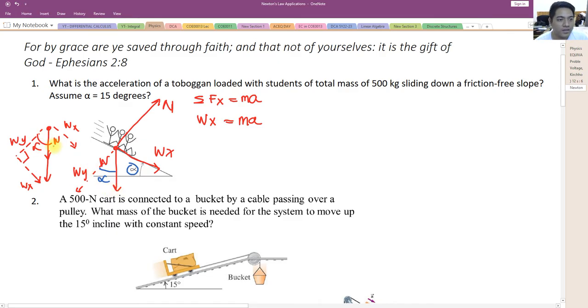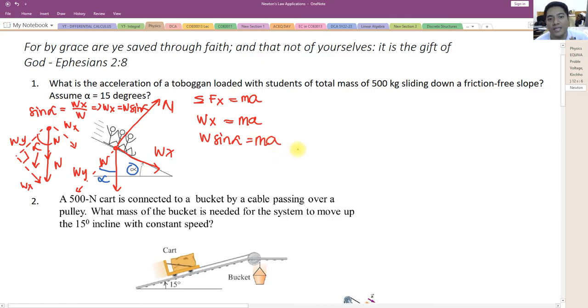To get wx, we know that would be sine, opposite side over the hypotenuse. So sine alpha is the opposite of alpha, which is wx, all over the hypotenuse, which is the weight. So technically, wx is w sine alpha.